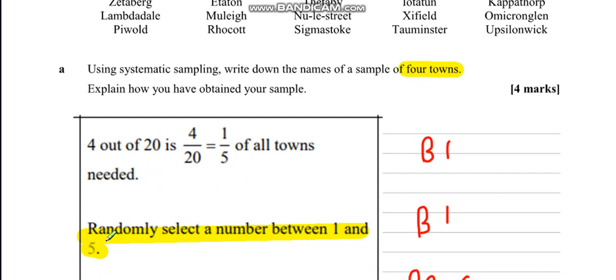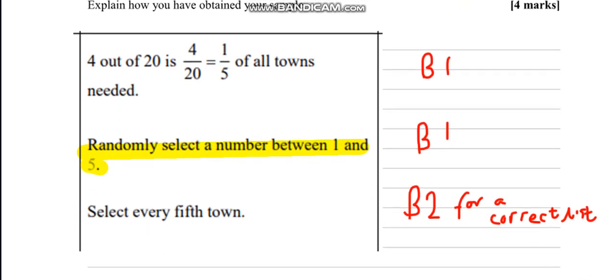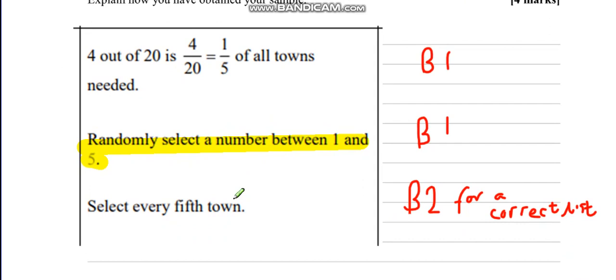It's not just randomly select any number, and you do need to say that's what you've done. You can't just say I'm going to start at 2. You need to say I'm going to randomly select a number between 1 and 5. There's a mark there for that. Okay, and then there's a mark for getting a correct list. So you select every fifth town, and then there's 2 marks for getting a correct list. So just make sure you write the list down.